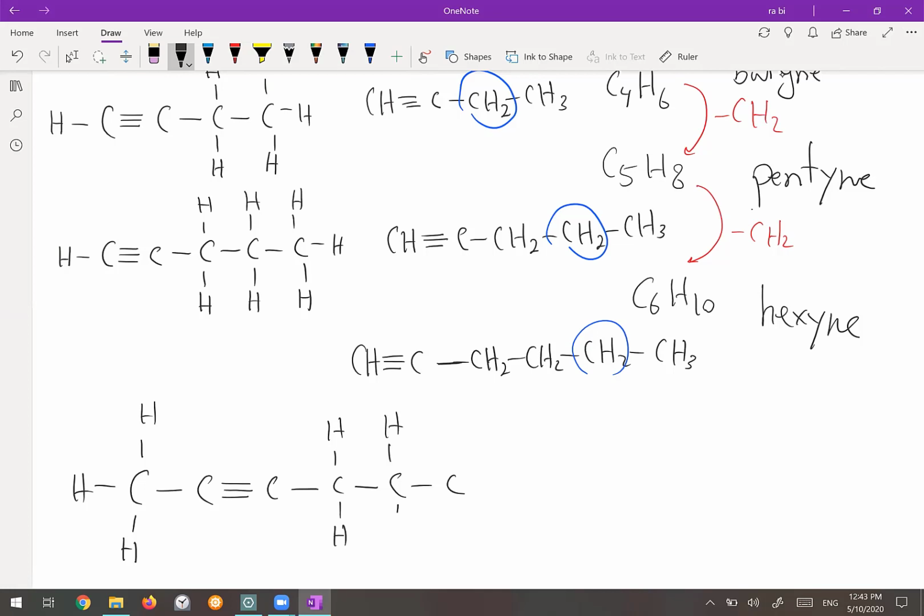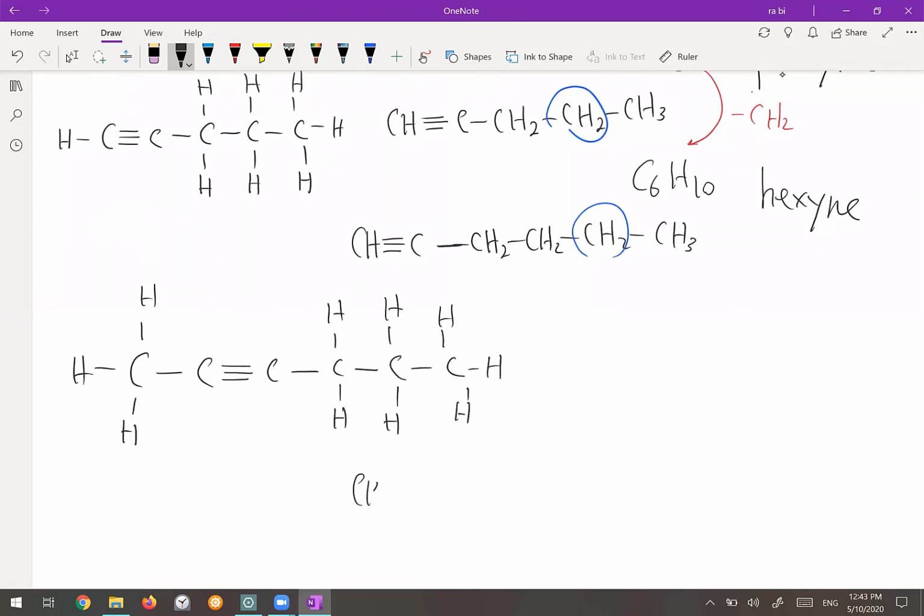The next one also needs 2 hydrogens, and the last carbon needs 3 hydrogens again. The condensed structural formula would be CH3, single bond, carbon, triple bond, carbon, single bond, CH2, CH2, and CH3. This is the straight chain alkyne with the 6 carbons.